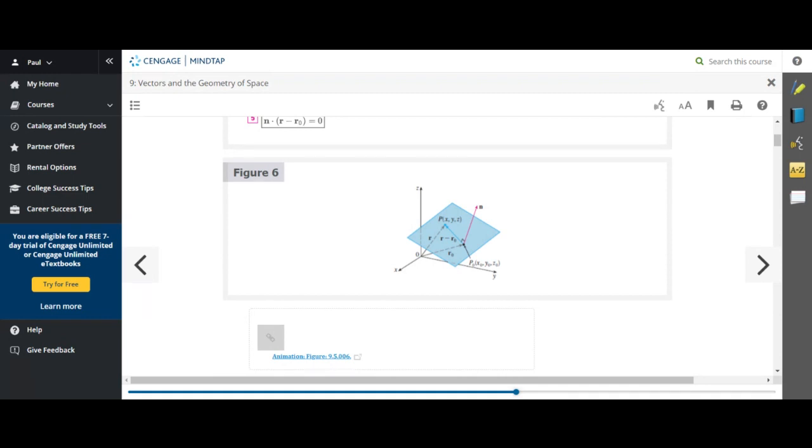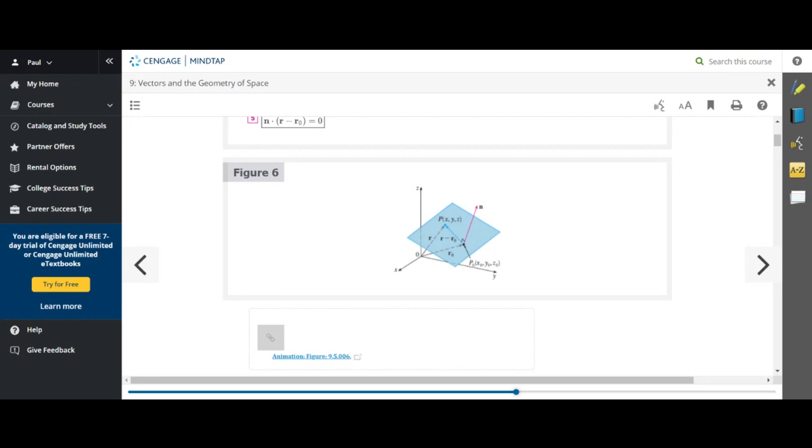So they have the r vector and the r sub 0 vector, and then they've drawn the difference between them. If you take the r vector and subtract the r sub 0 vector, you will get that blue vector, and that blue vector has to lie in the plane, because the terminal points of vectors r and r sub 0 are in the plane.